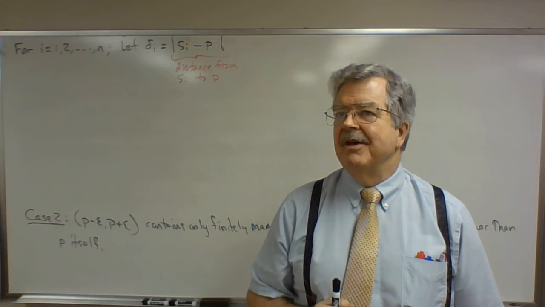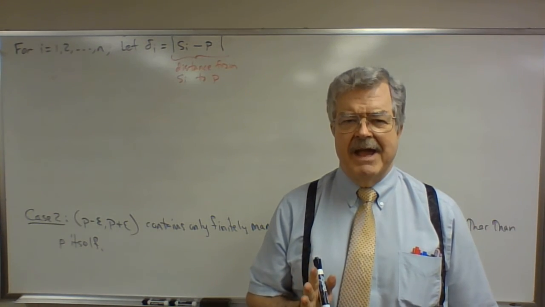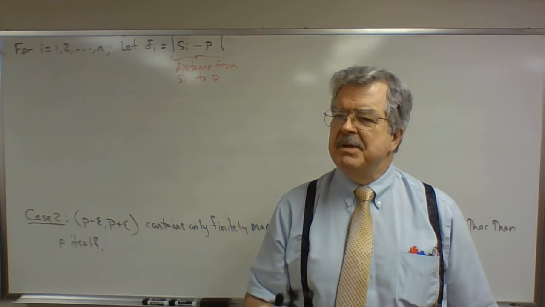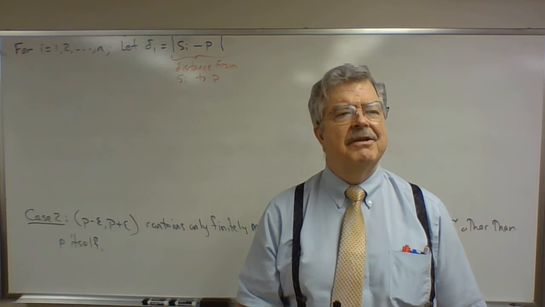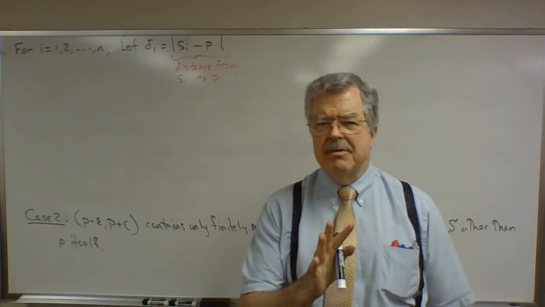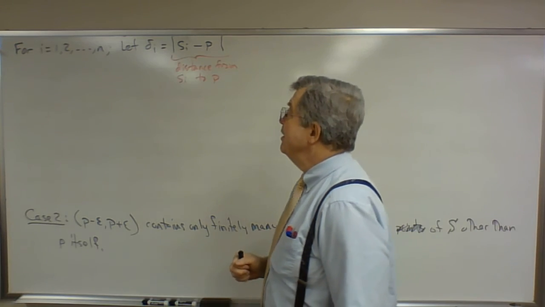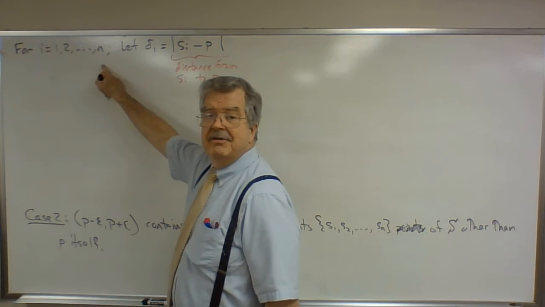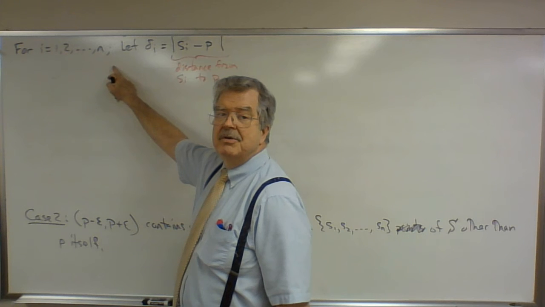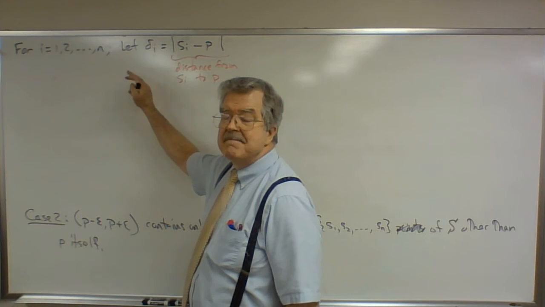And there's this very obvious fact that we keep beating to death because it just seems like it's not a natural thing to think of when we need it the most. But delta sub i, there are n of these, delta sub 1, delta sub 2, delta sub n.